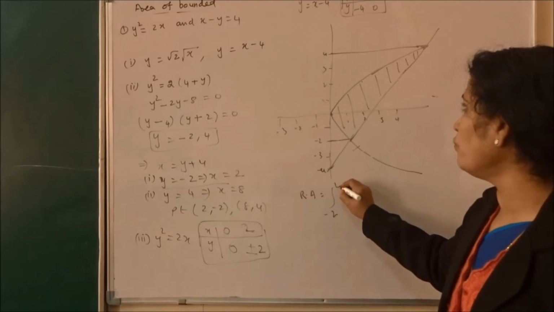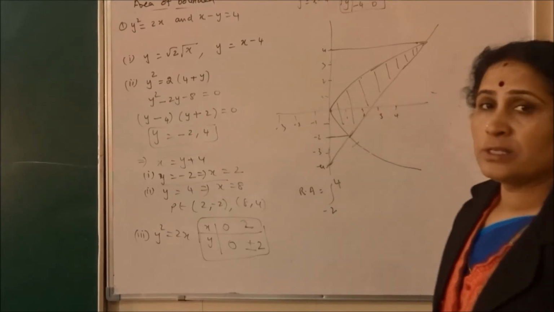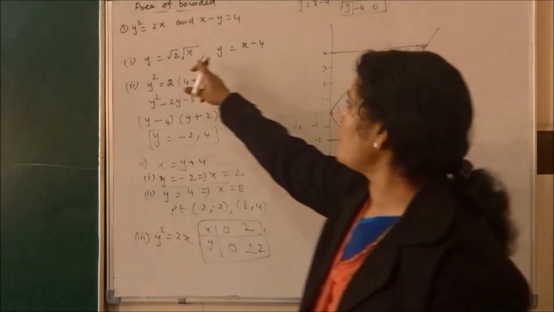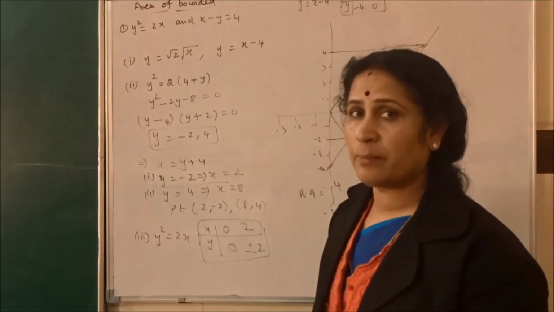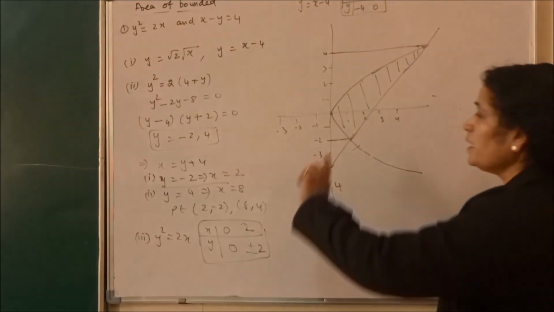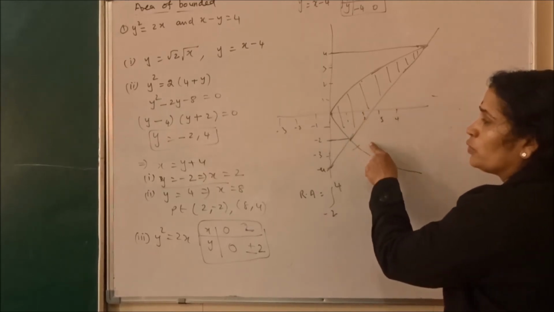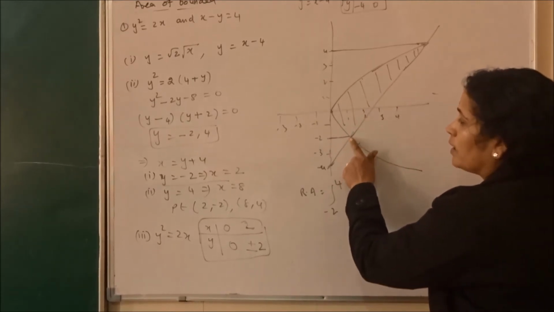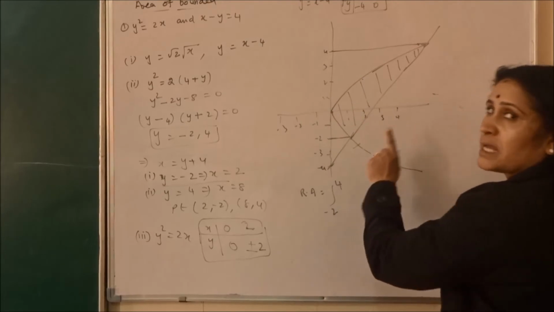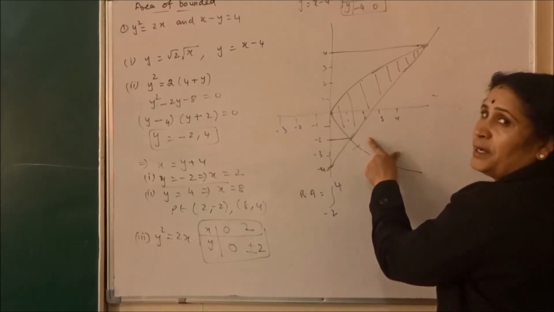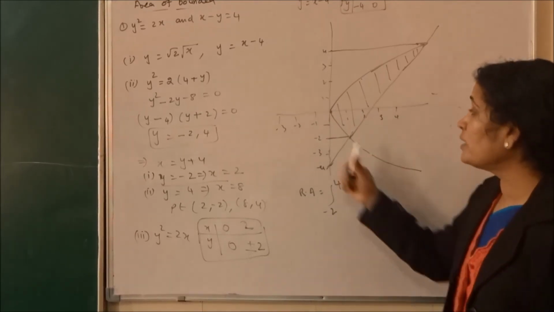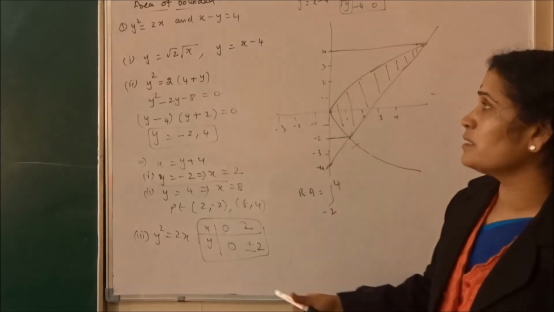Integral from minus 2 to 4, upper minus lower. The first step changes, remaining steps are the same. Suppose the area is unsymmetric in both the first quadrant and the 4th quadrant, then go for the limit on the y-axis, not the x-axis. It is quite difficult to find the area with the x-axis here, so that's why I switch over to the y-axis.